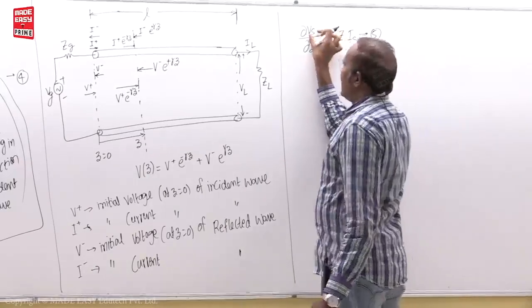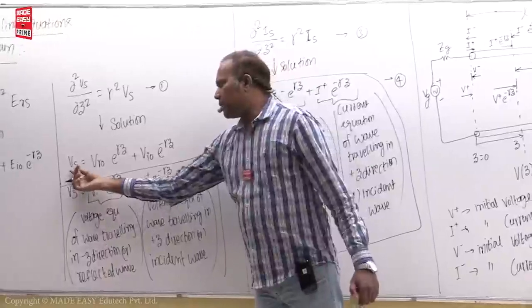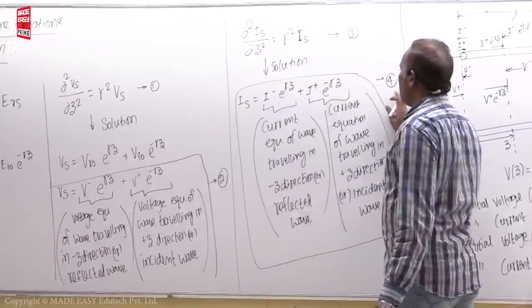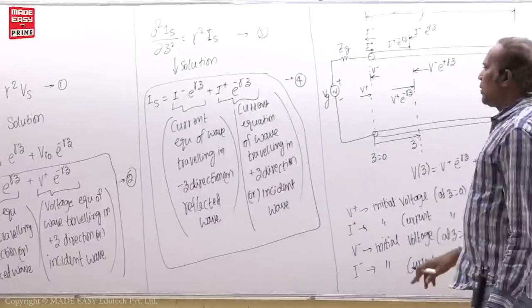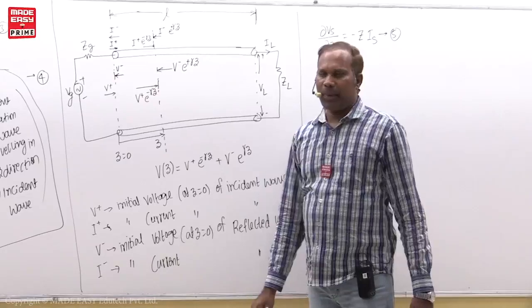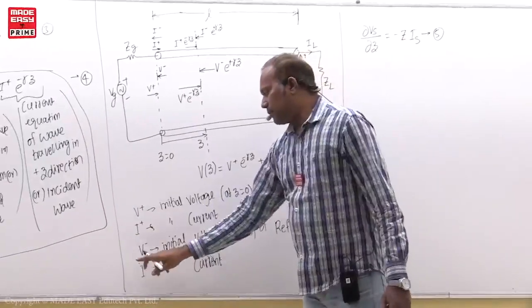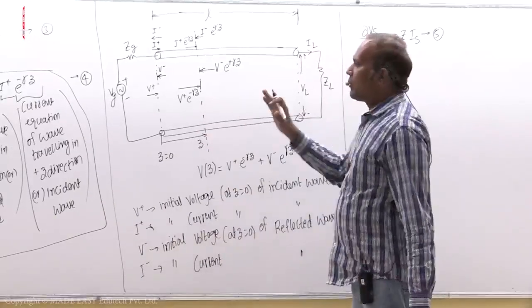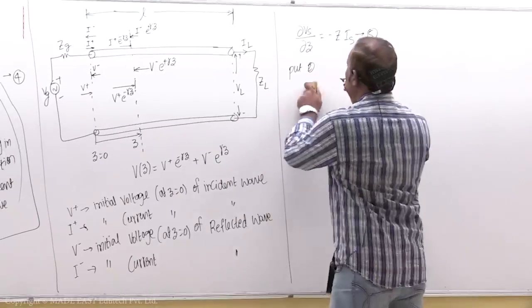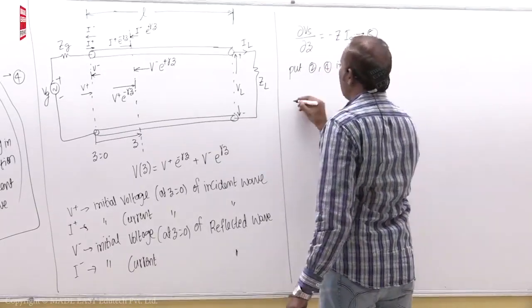Now the Vs solution, where s means steady state, is equation 2, and the Is solution is equation number 4. If you substitute here and compare the e power gamma z terms and the e power minus gamma z terms, then you get the relation between V plus, I plus, V minus, I minus. So substitute equations 2 and 4 into 5.